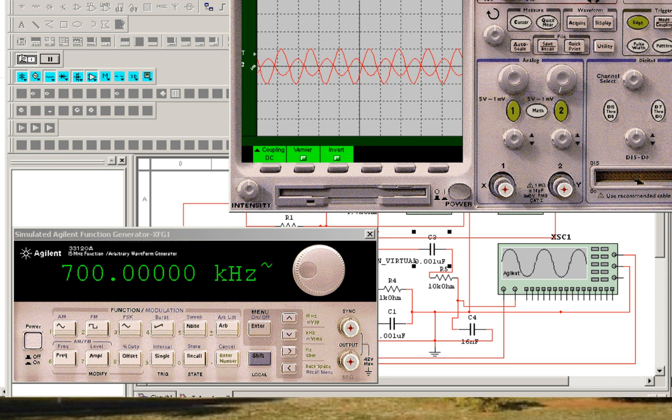That filter's taking out that distortion. Look at that. But the level is so low.